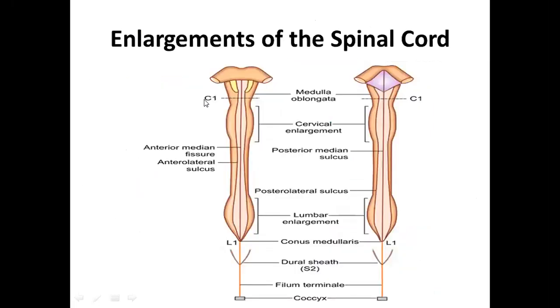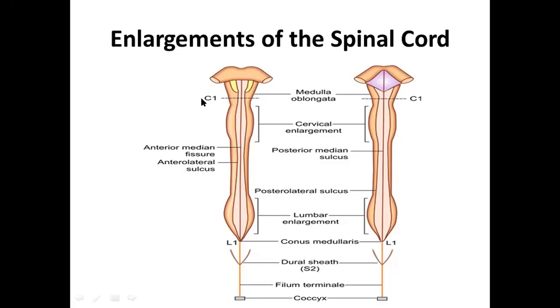These segments of the spinal cord show enlargement in specific areas. These areas give origin to important nerves that supply the upper and lower limbs.